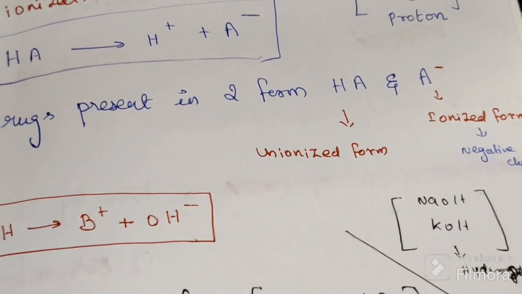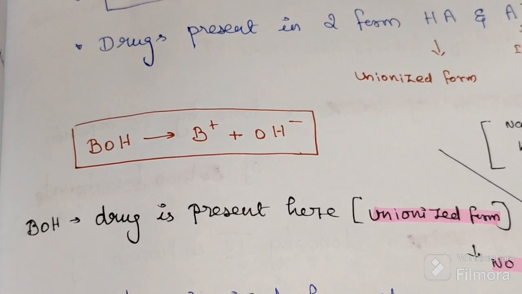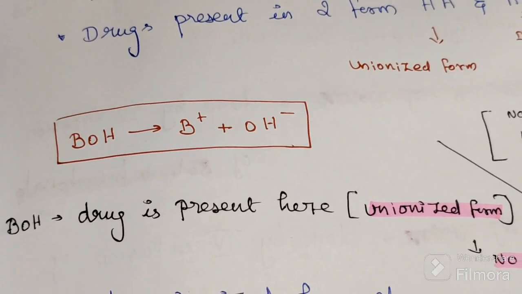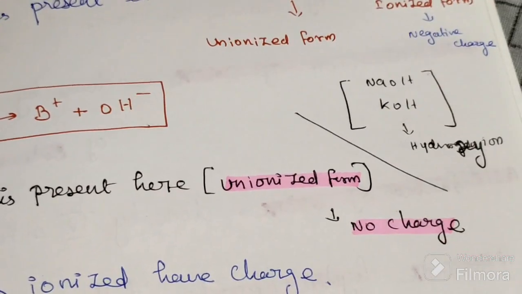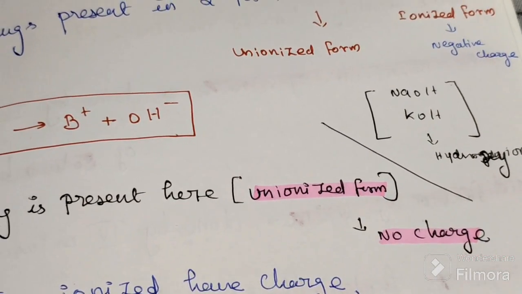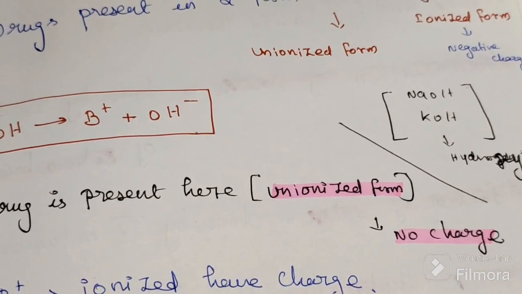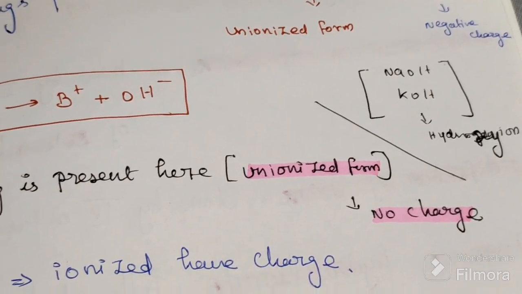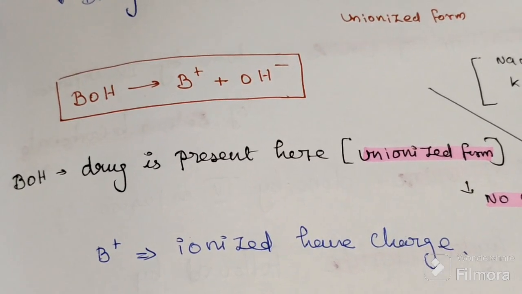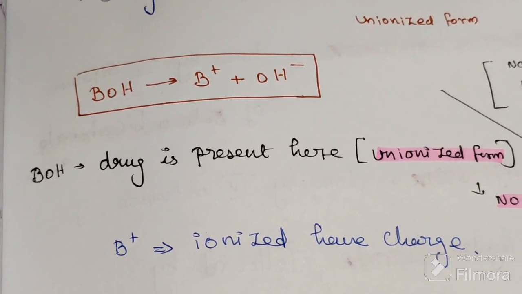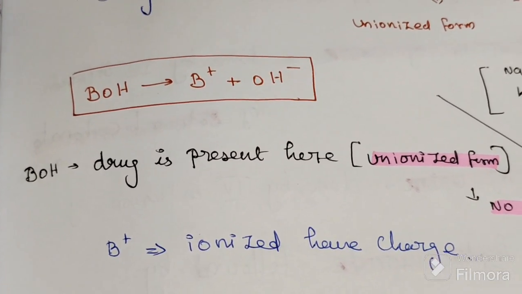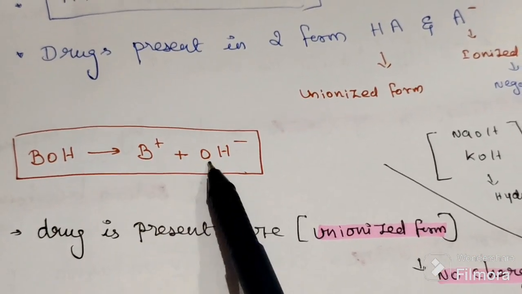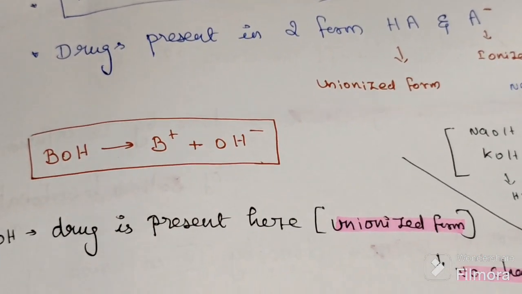It is the same with a base. There is a base, BOH. It can be NaOH or KOH. All bases have a hydroxyl ion. It splits into B plus and OH minus.